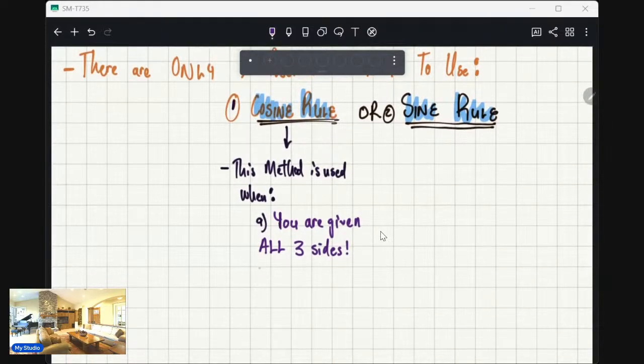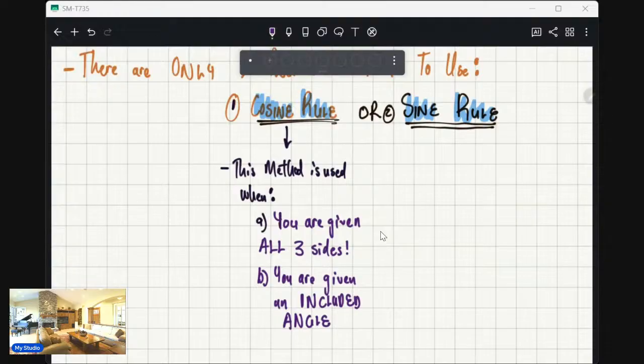Or B, you are given an included angle. Write it in caps to say an included angle. So if you are given all three sides of a triangle with no right angle, you use the cosine rule.